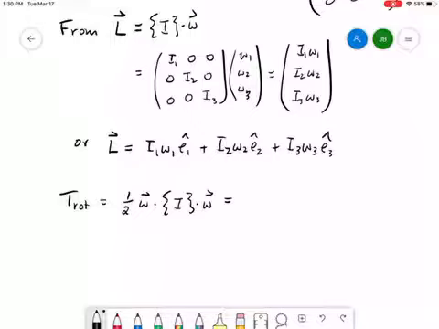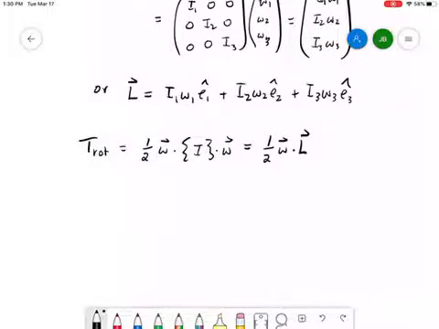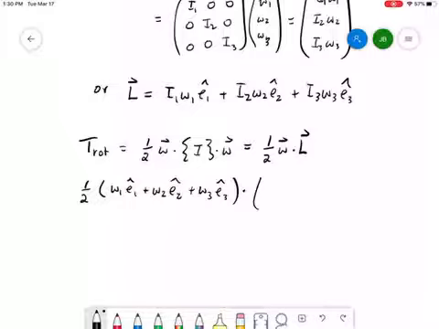Okay, but I dot omega is just L, so this is 1/2 omega dot L. And so we could simply calculate this as 1/2 times omega 1 E1 hat plus omega 2 E2 hat plus omega 3 E3 hat, dotted with L, which is I1 omega 1 E1 hat plus I2 omega 2 E2 hat plus I3 omega 3 E3 hat.